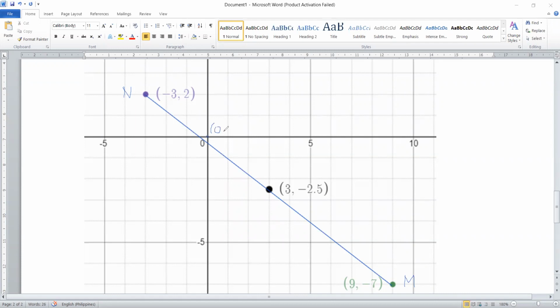That's your origin. So as you can see, that's correct. Point N is located on your second quadrant, and this is the midpoint. So our answer is correct. So that's it. Bye.